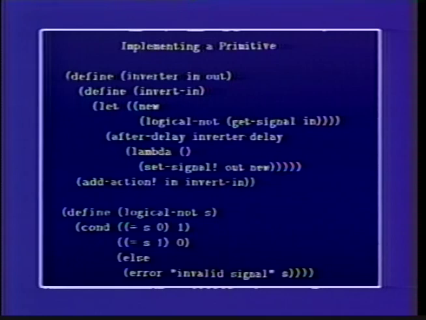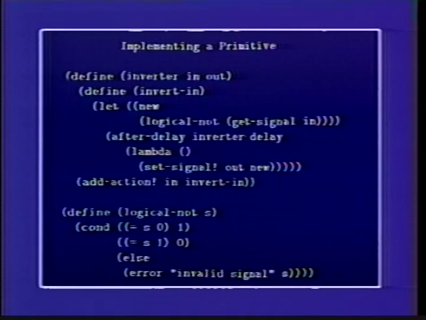Okay, well, that's done down here by adding an action on the input wire called invert in, where invert in is defined over here to be a procedure of no arguments, which gets the logical not of the signal on the input wire, and after some delay, which is the inverter delay, all these electrical objects have delays, okay, will do the following thing. Set the signal on the output wire to the new value.